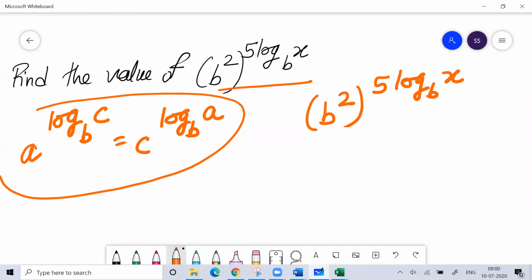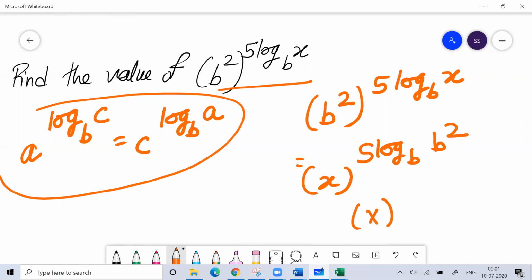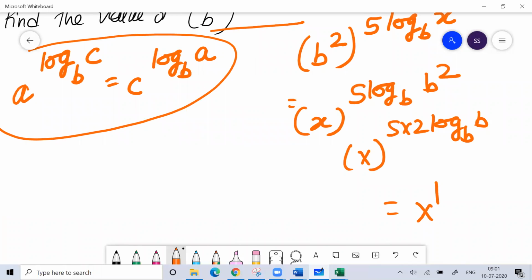So I can write this as x to the power 5 log base B squared. Then the B would cancel out. So it means x to the power 5 into 2 log base B. You know that log base B of B is 1, so your answer is x to the power 10.